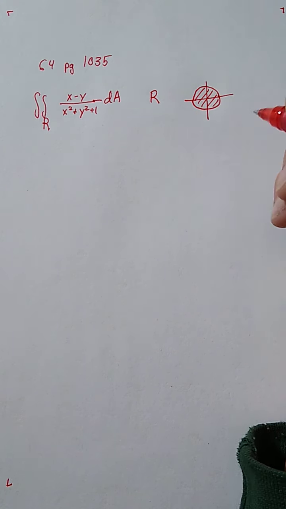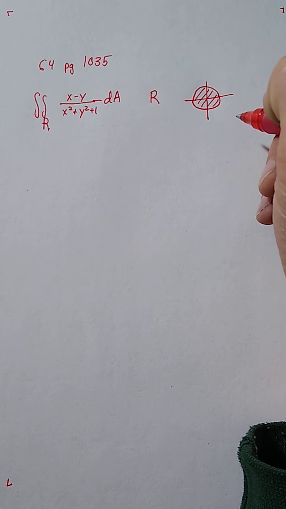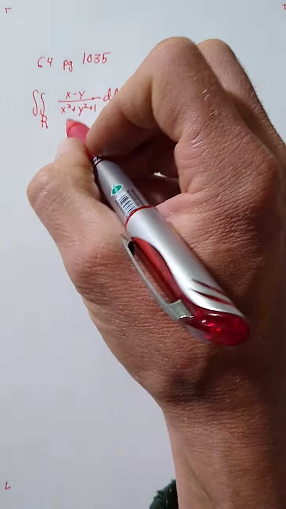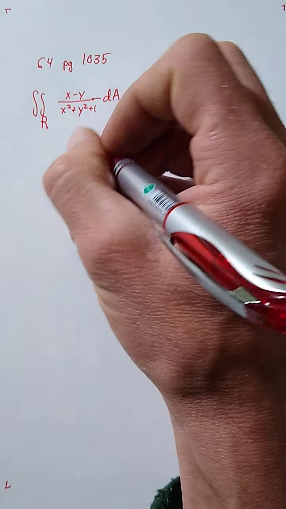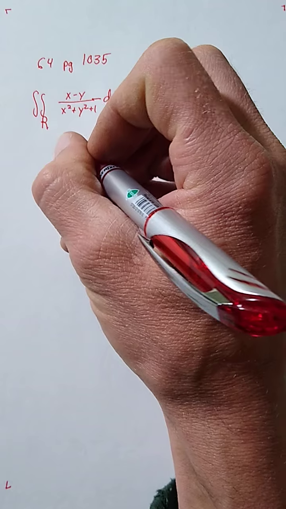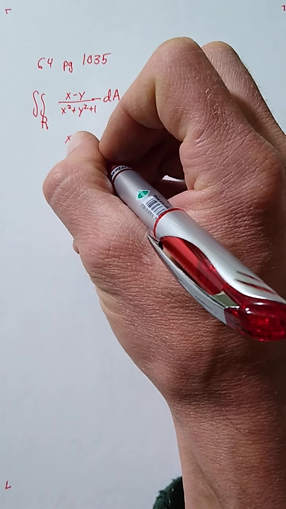Okay, so in order to set this up, notice that the x squared plus y squared part tells me that I pretty much want to use polar coordinates.